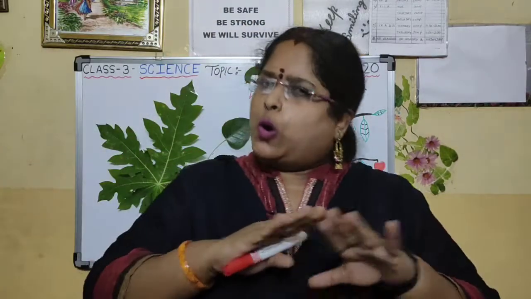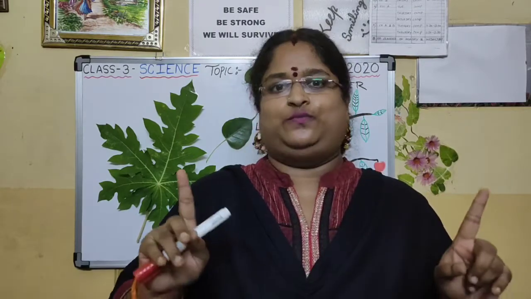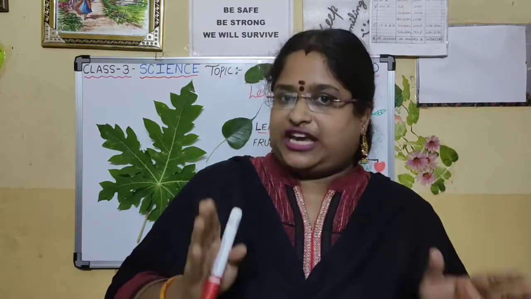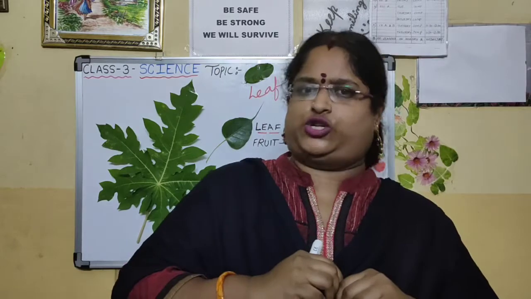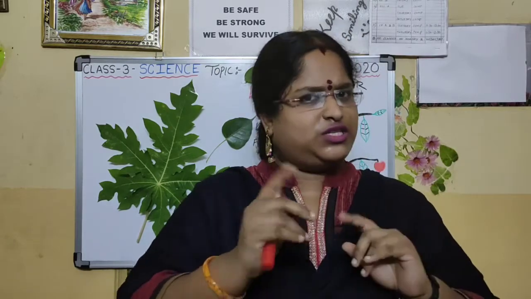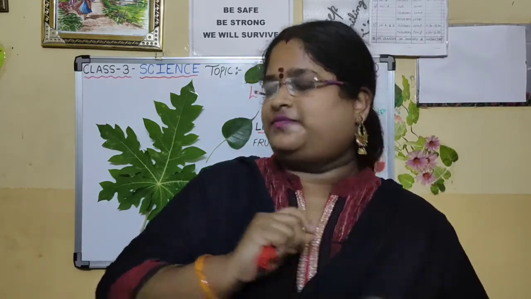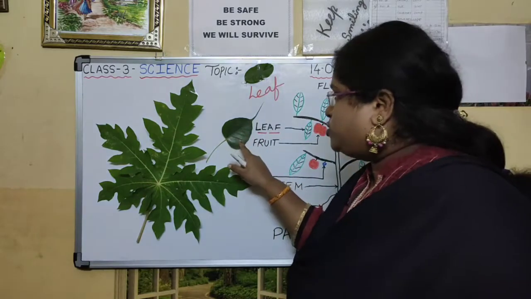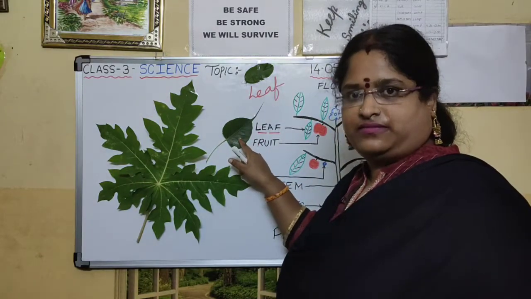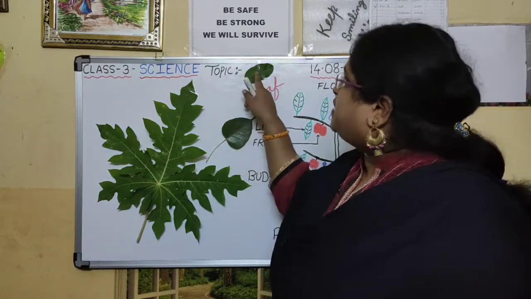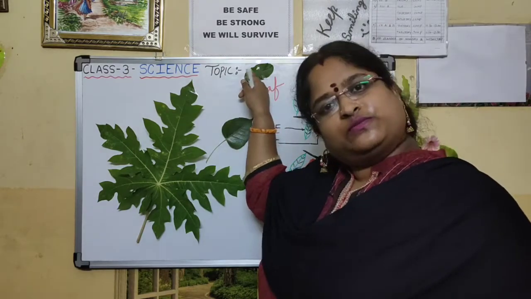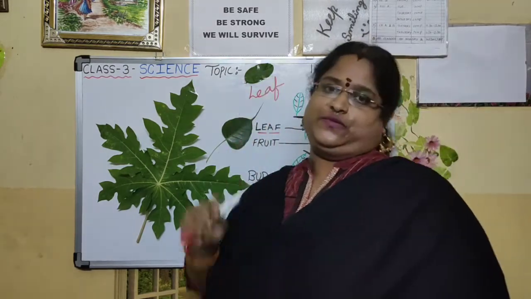Children, do all the plants have the same type of leaves? No, it varies in shape, size and texture. Okay, shape and size you know. What is texture? See here, children, I am touching this leaf, it is rough. This surface is rough. I am touching this leaf, it is smooth. So this is called texture.